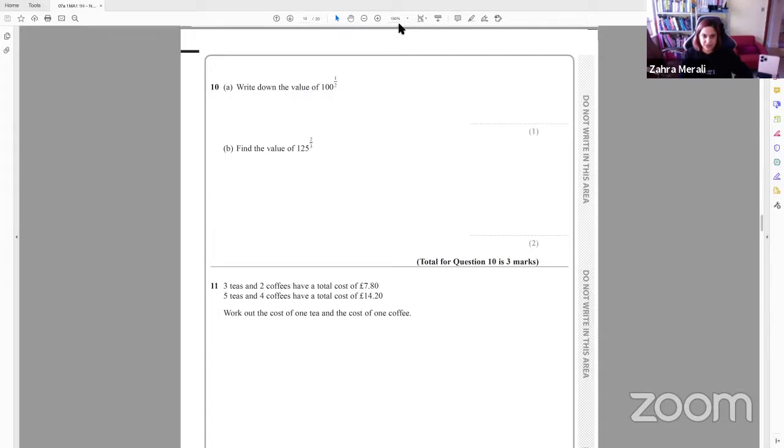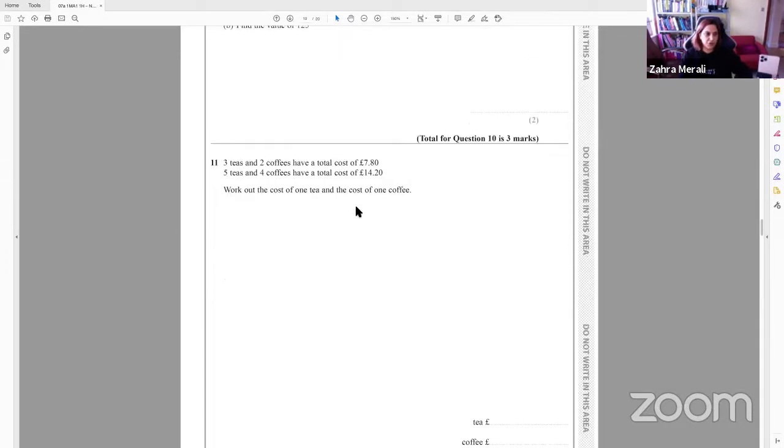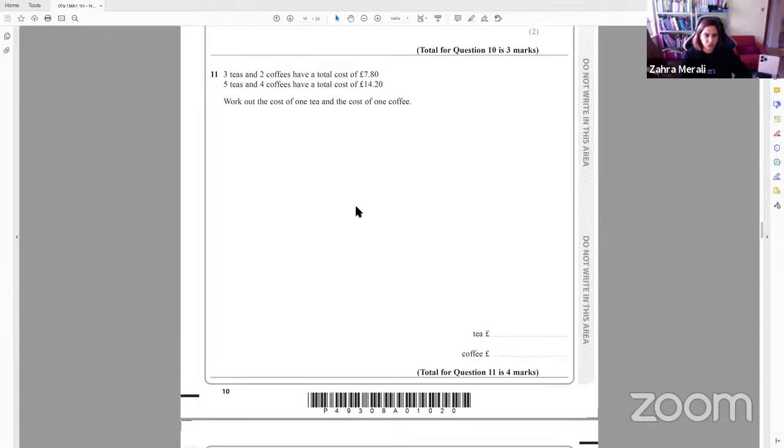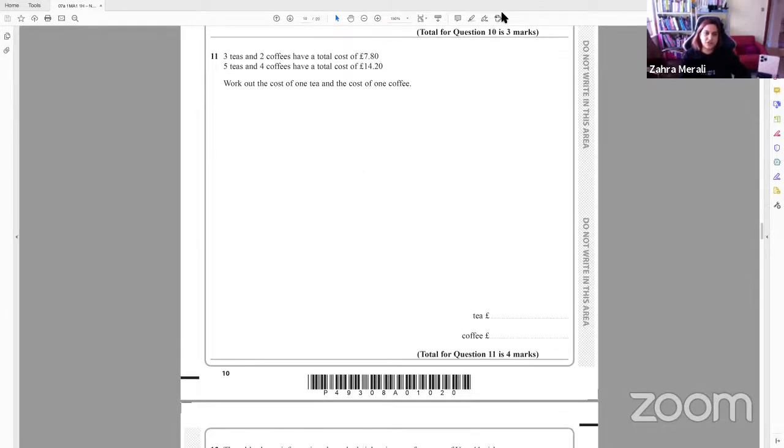All right, so the next question. We've got 3 teas and 2 coffees at a total cost of $7.80, and 5 teas and 4 coffees at a total cost of $14.20. Hopefully you can see this is a worded simultaneous equation question.